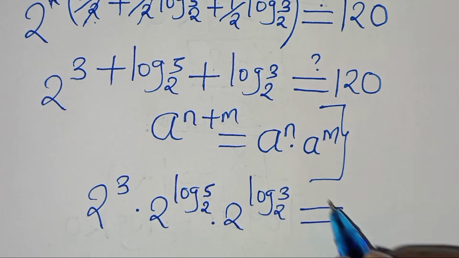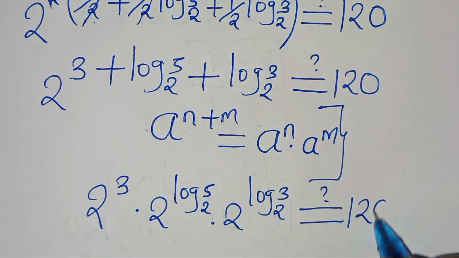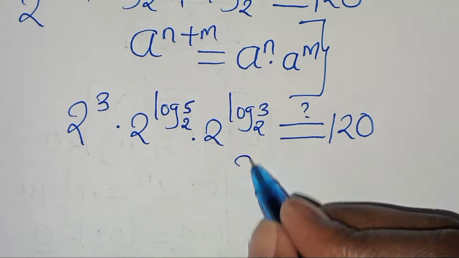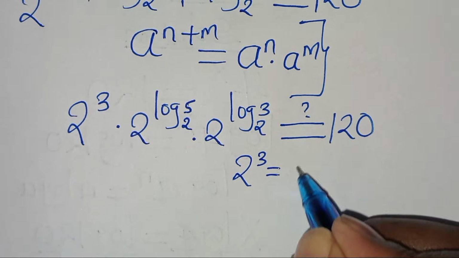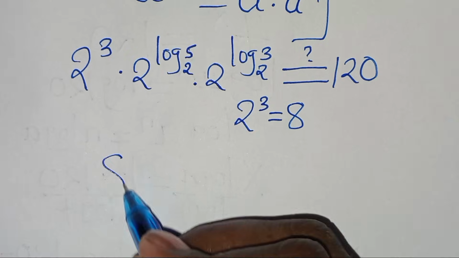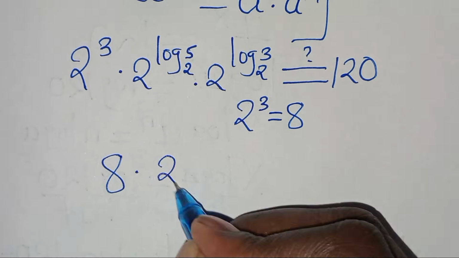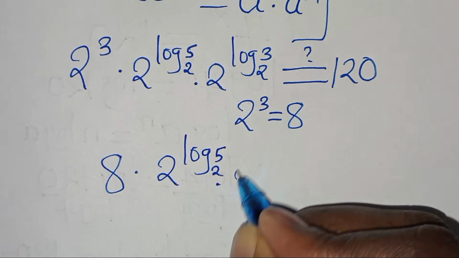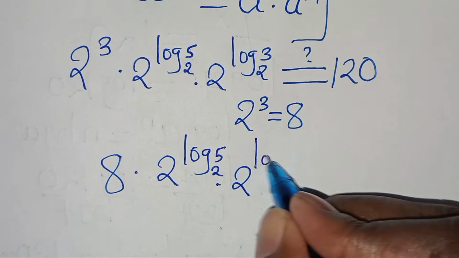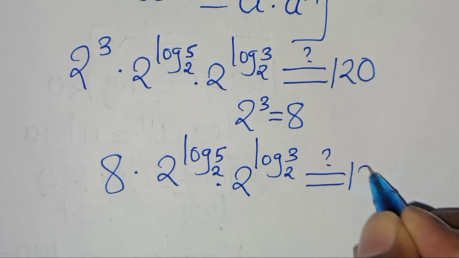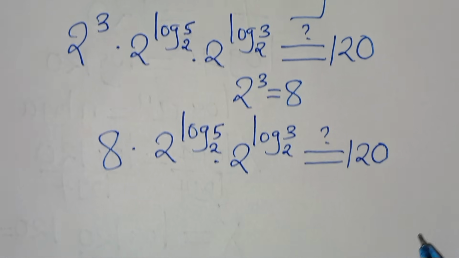This is supposed to give us a value of 120. Now, 2 to the power of 3 is equal to 8. So we have 8 multiplied by 2 to the power of log 5 to base 2 multiplied by 2 to the power of log 3 to base 2.